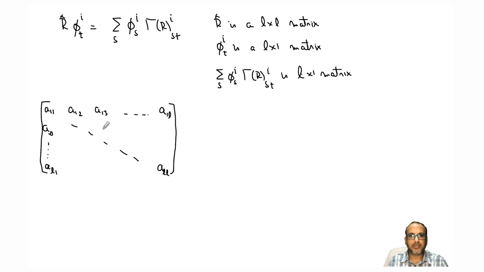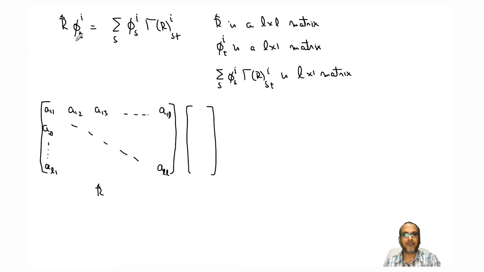So this is an l cross l matrix. This is the R matrix, right? Now for phi t, phi t is any general function from that set of orthonormal functions. So that means I can write this matrix as phi 1, phi 2, all the way to phi l. Right? So this is my phi t i. I can write the i index over here.